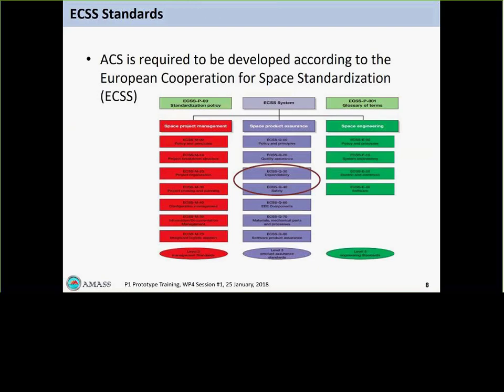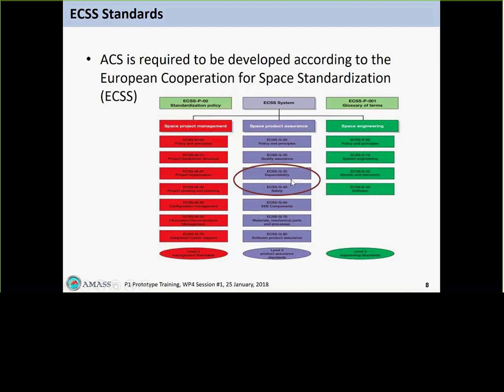These attitude control systems are required to be developed according to the European Cooperation for Space Standardization. So ECSS standards for space product assurance have 2 dedicated documents for dependability and safety.